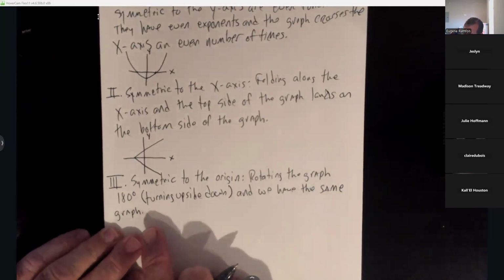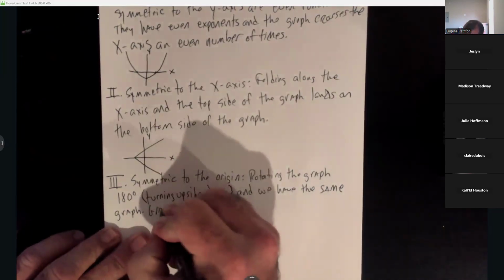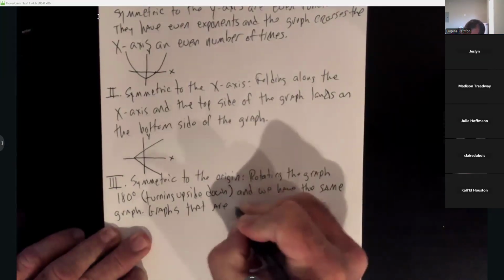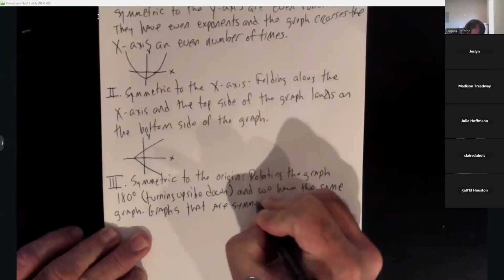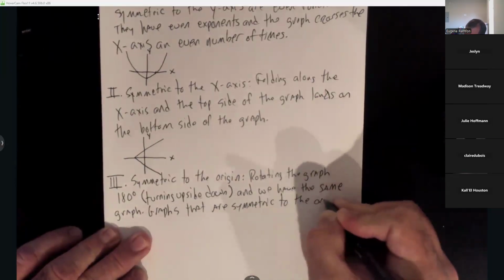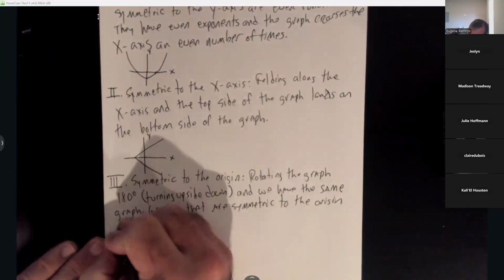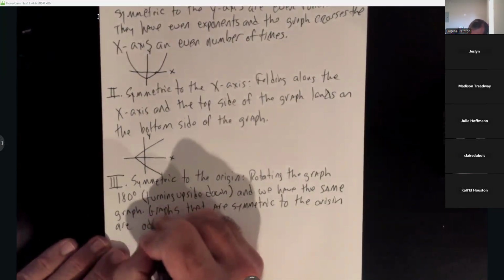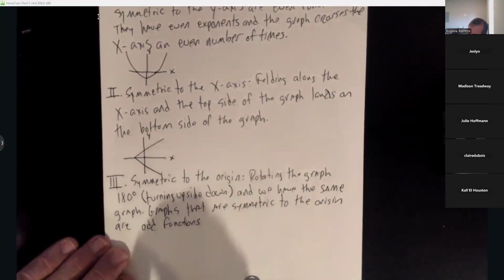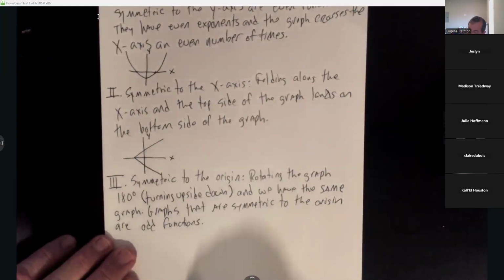Now, graphs that are symmetric to the origin are odd functions. Okay.